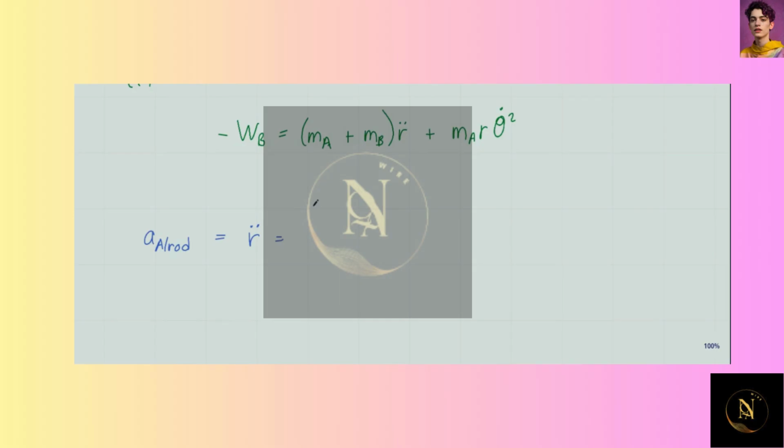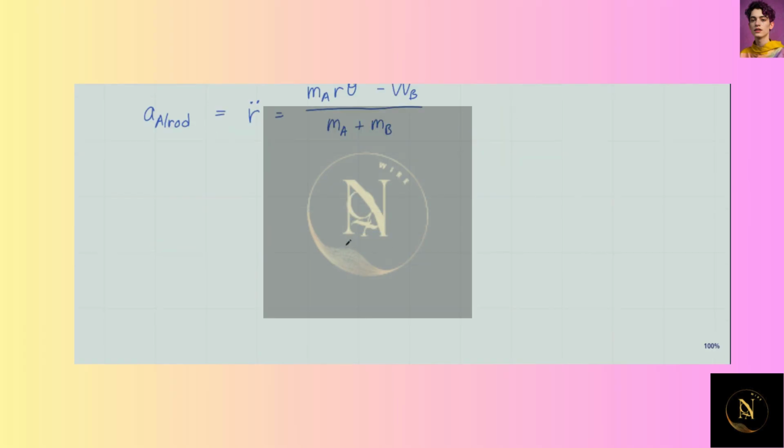So this we can find from rearranging the above equation to be MA R theta dot squared minus the weight of B over MA plus MB. And we can put some values into this.